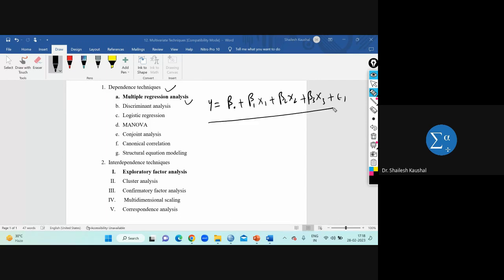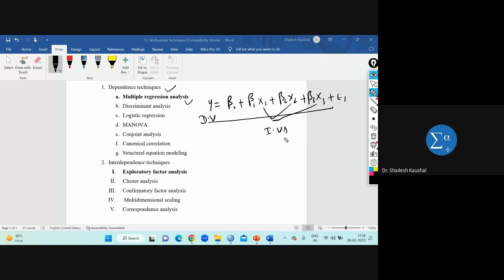Now this equation, this model, is a multiple regression analysis. Here y is the dependent variable and x1, x2, x3 are all independent variables.